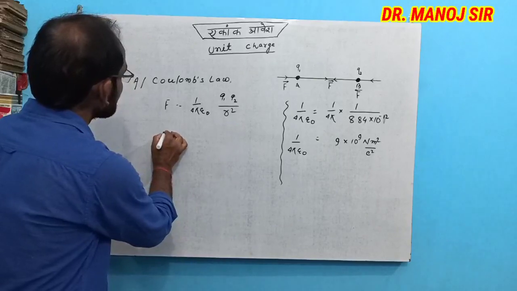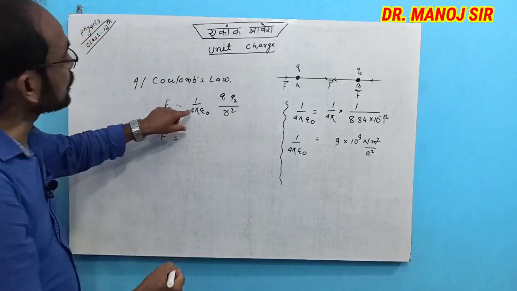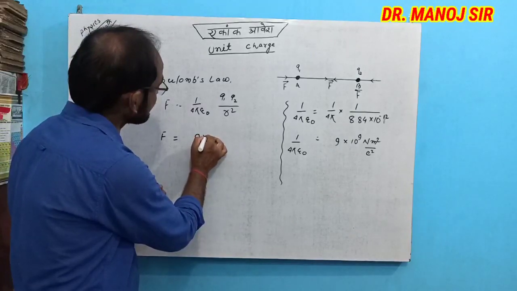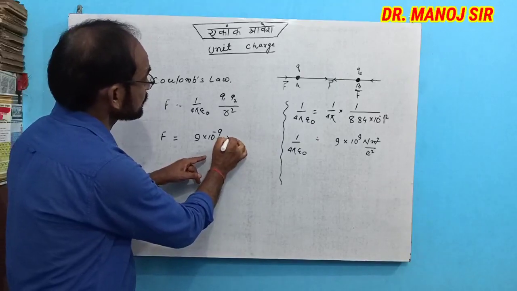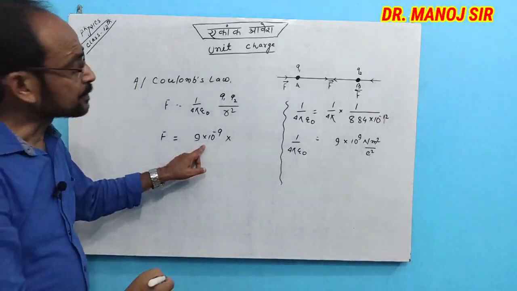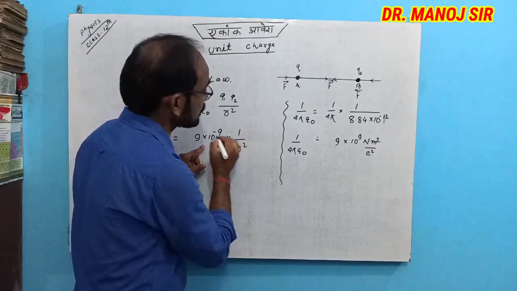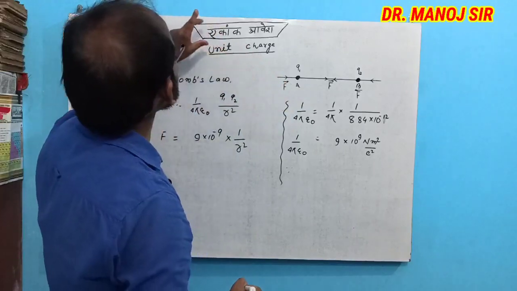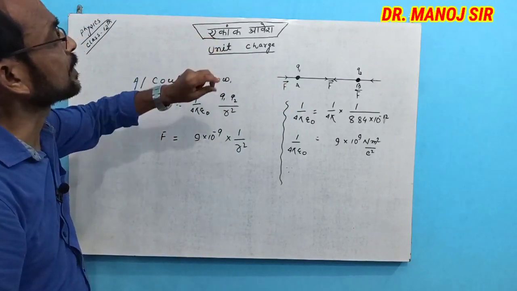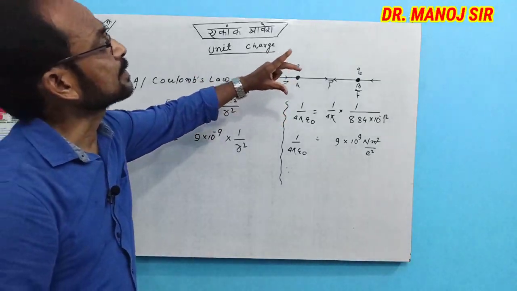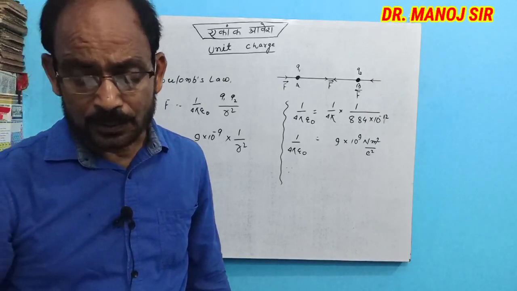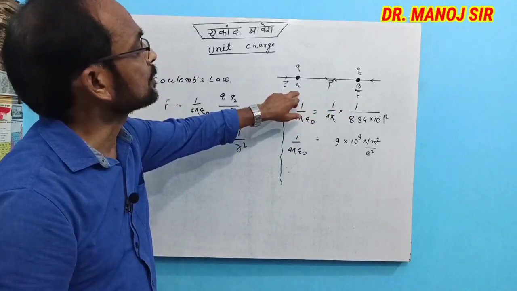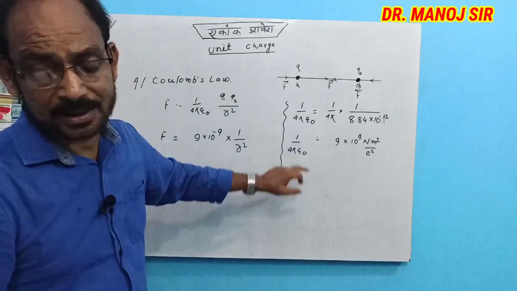So F equal to 1 by 4 pi epsilon naught, which is 9 into 10 to the power 9, into 1 by r square, because here is the given: in the definition and statement of unit charge, when we put two charges at a distance of 1 meter, then the acting repulsive force between them is 9 into 10 to the power 9 Newton.